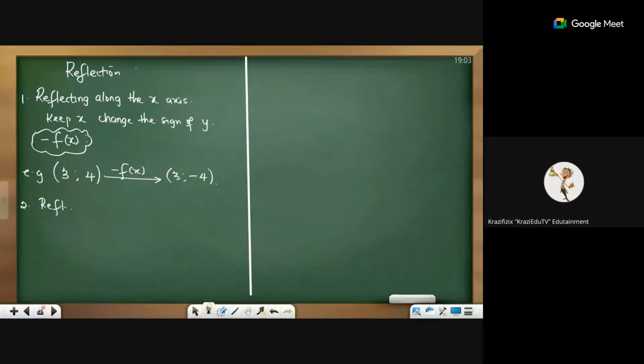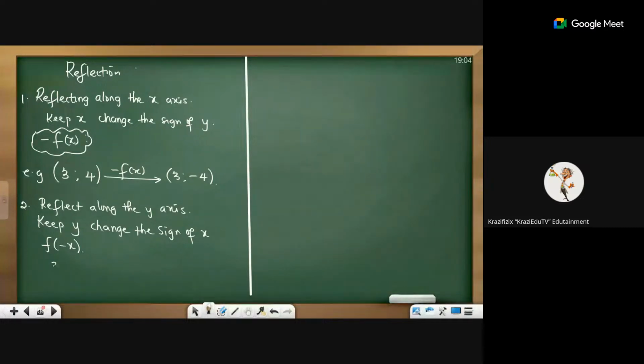Number 2, reflect along the y axis. What do you do? Keep the y and change the sign of x. What are we going to have? f of negative x.